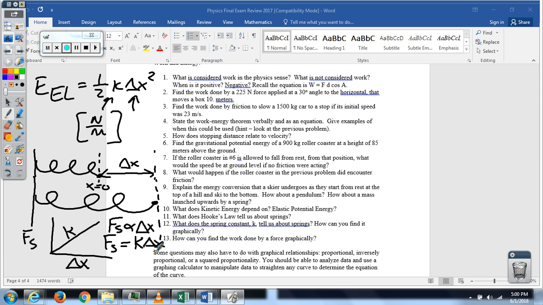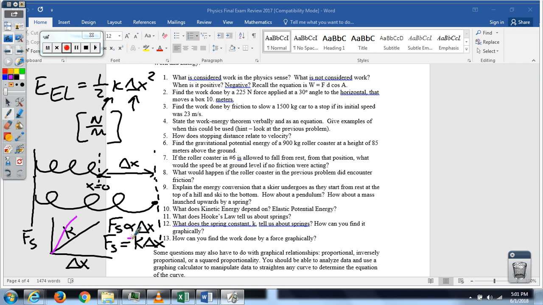So if the spring takes more force to pull, they would appear as having larger slopes on this graph. So the spring force is equal to the spring constant times the stretch, and if you're concerned with the direction, then you could put a negative out front of there. It's always against the direction of the stretch or compression.